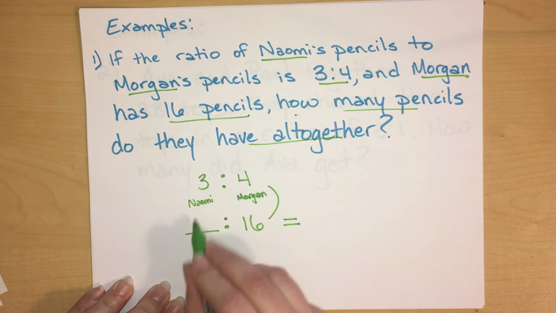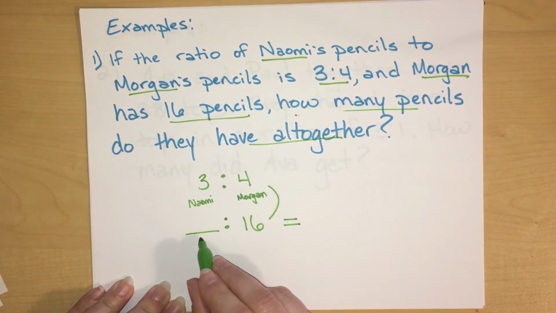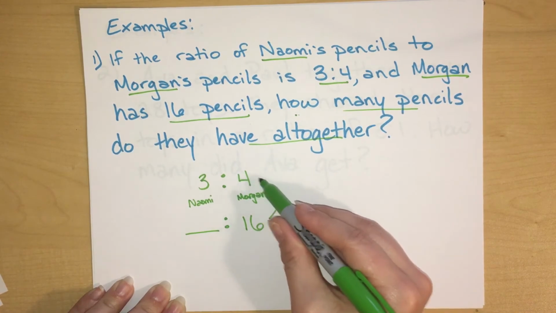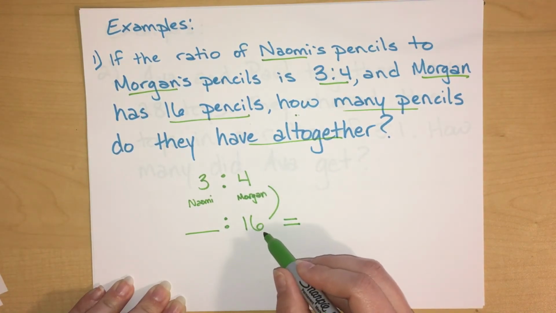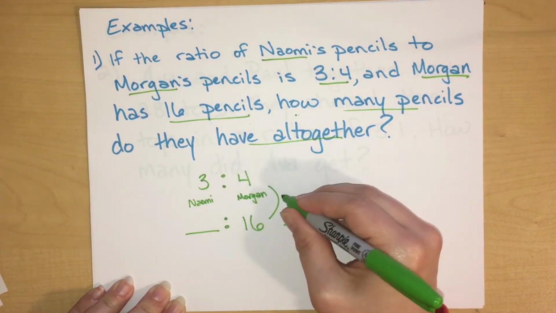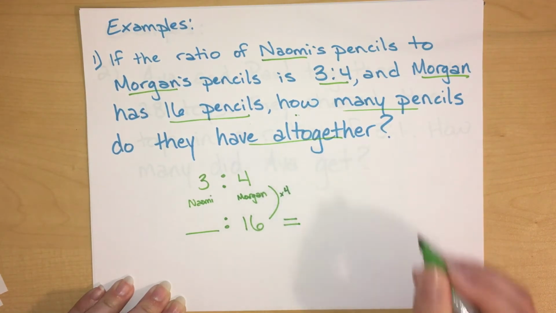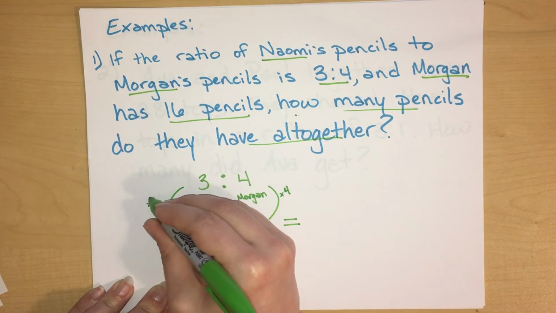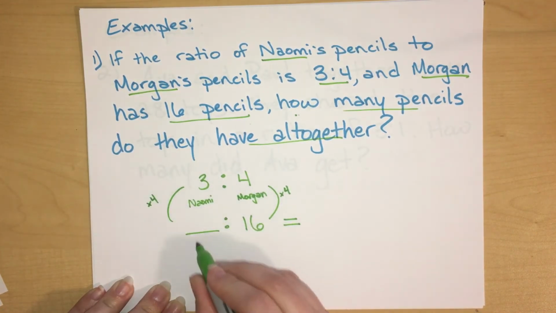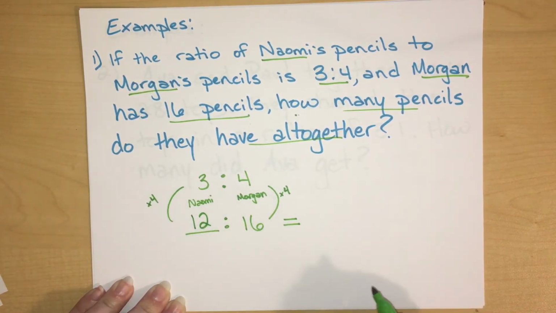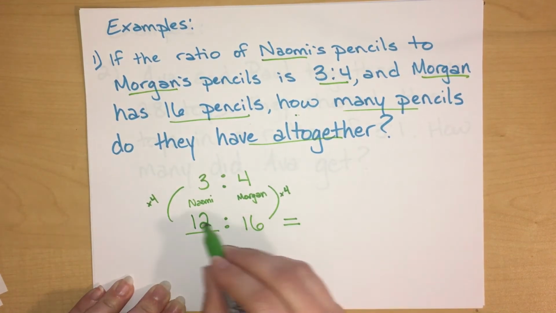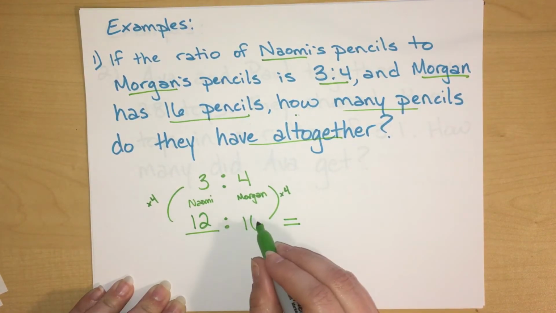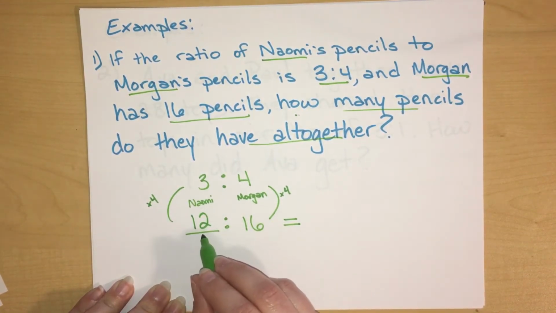Before I can do that, I need to figure out how many Naomi has, and I need to know what the scale factor is to find that out. How did I get from the 4 to the 16 of Morgan's pencils? It's a scale factor of multiplying by 4. What I do to the one side, I have to do to the other. 3 times 4 is 12. Now I know the ratio. When Morgan has 16 pencils, Naomi's going to have 12.